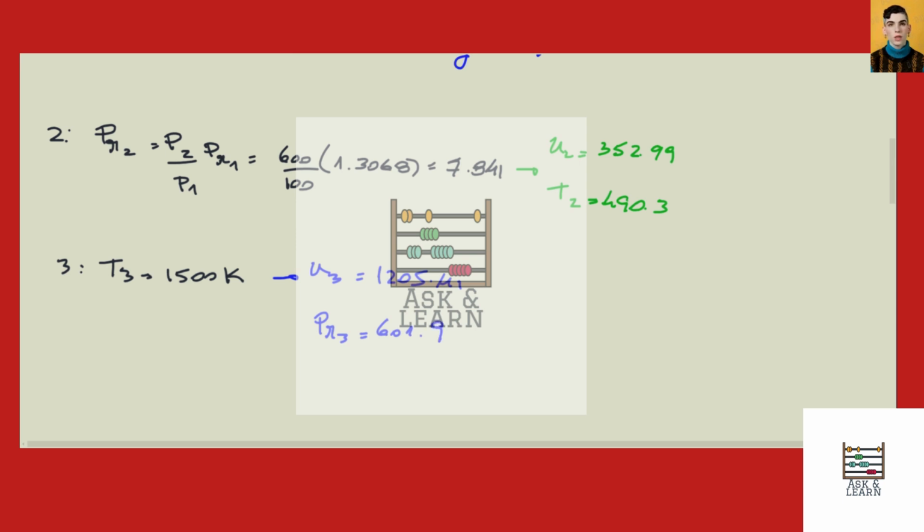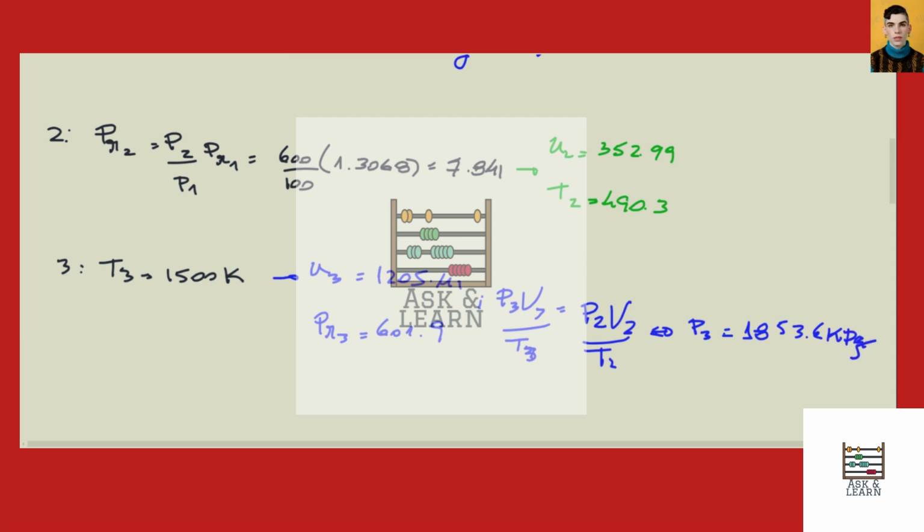Well, what else do we need? We can also find, using the ideal gas law, the pressure P3, because we have everything else. We have the volume, we have the temperature. Therefore, the pressure at point 3 is going to be 1853.6 kilopascal.